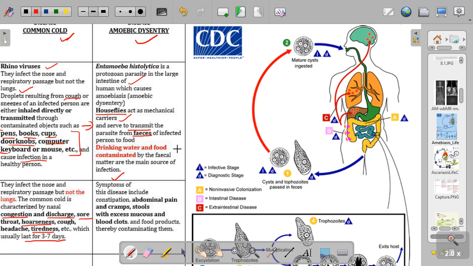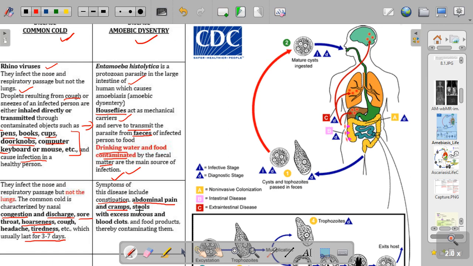Drinking water and food contaminated by fecal matter are the main reasons for the infection. That's why we need to heat the water before drinking. Symptoms of this disease include constipation, inability to digest, abdominal pain, muscle cramps, and stools with mucus.